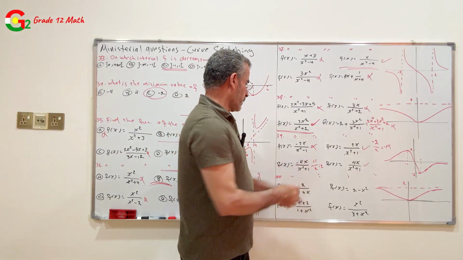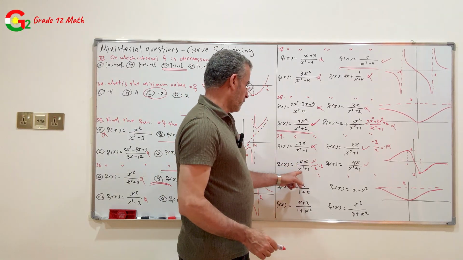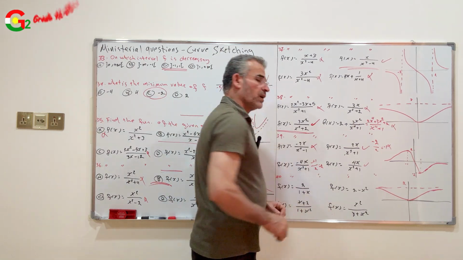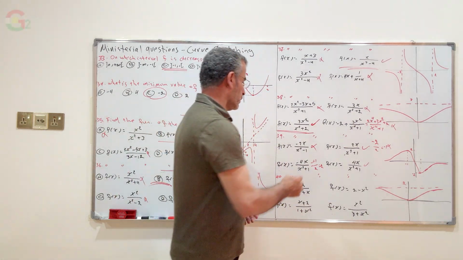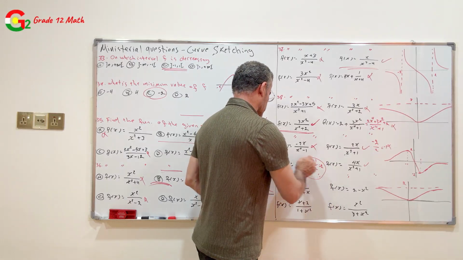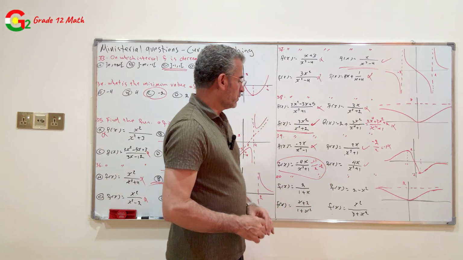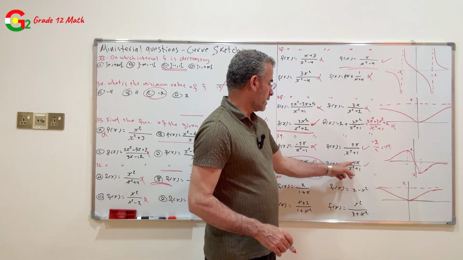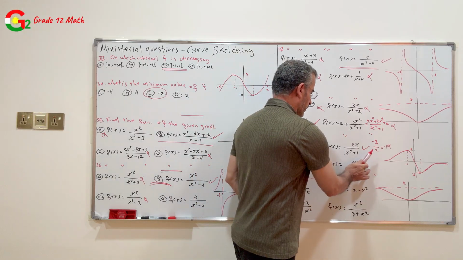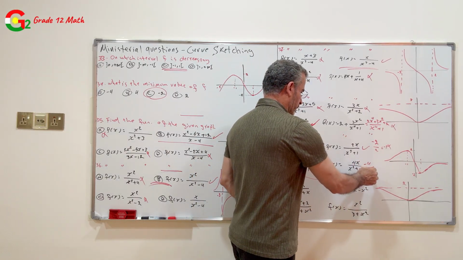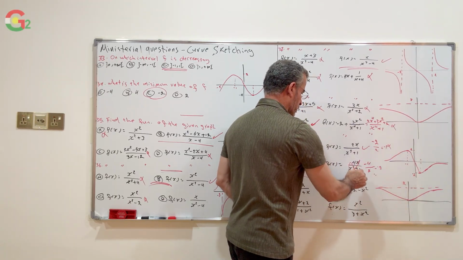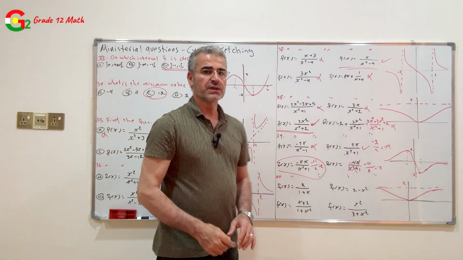Negative 4 times 1, negative 4 over 1 plus 1, 2, the answer is negative 2, so this choice is true. If we substitute here every x with negative 1, we see that 4 times negative 1, negative 4 over 2 equal negative 2, not 2. So this choice also is wrong. The right choice is B.